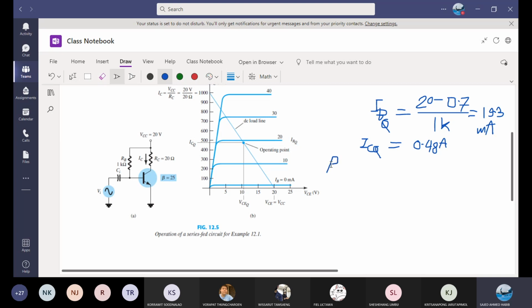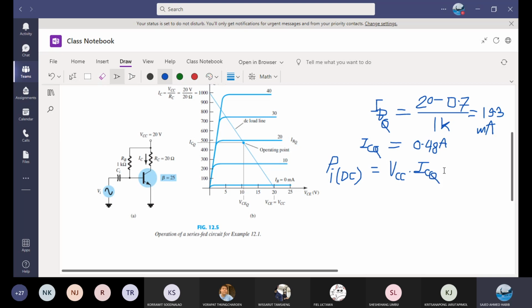Input power PI, which is DC. What's the formula? VCC ICQ. For a class A amplifier it is VCC times ICQ. That's why we needed to solve for ICQ.